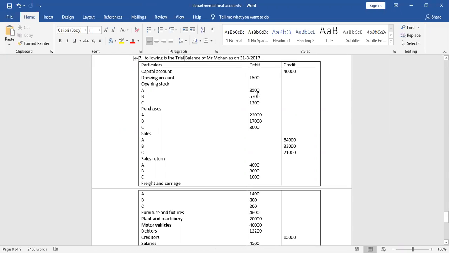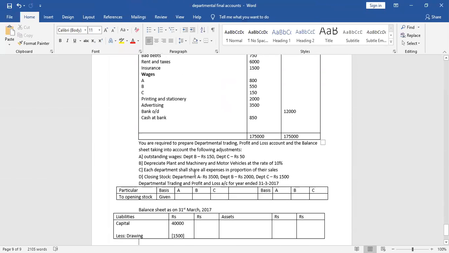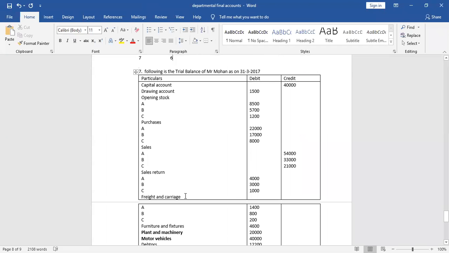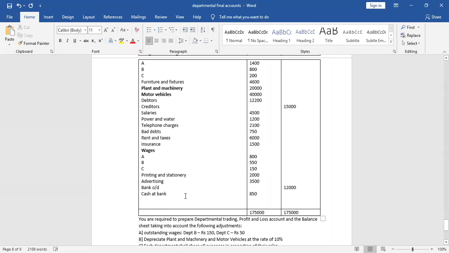Now opening stock 8,500, 5,700 and 1,200. So let us post it. 8,500, 5,700 and 1,200. Now after this we have purchases 22,000, 17,000, 8,000.